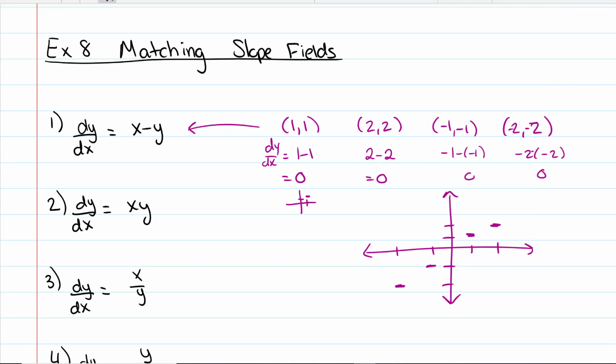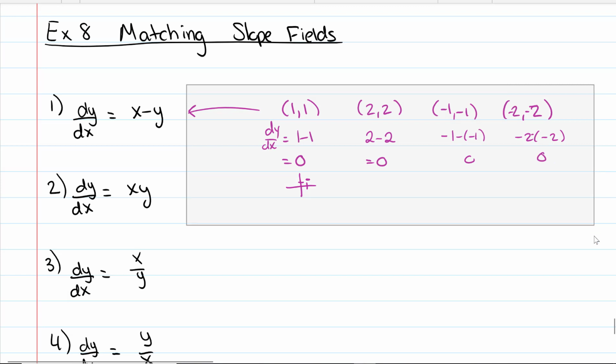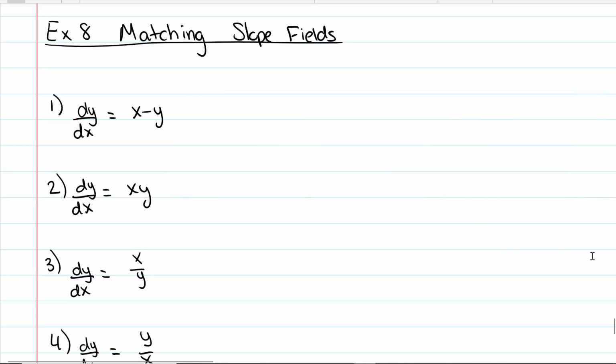So if I try another one, for example, say I try x times y. Let's get rid of this. So what's unique about this graph right here is that there are slopes at (1, -1), (2, 2), (-1, -1).